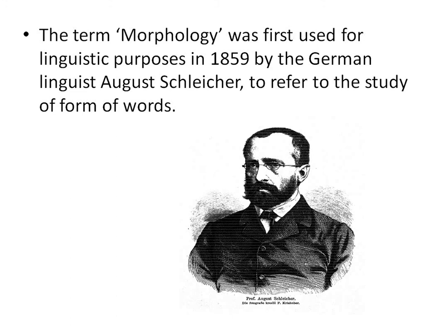So morphology is used in biology to explain the structure and forms of plants and animals. And then in 1859, the term was used for language purposes by the German linguist August Schleicher to refer to the study of forms of words.